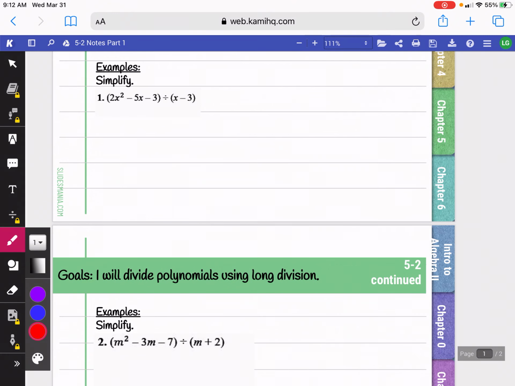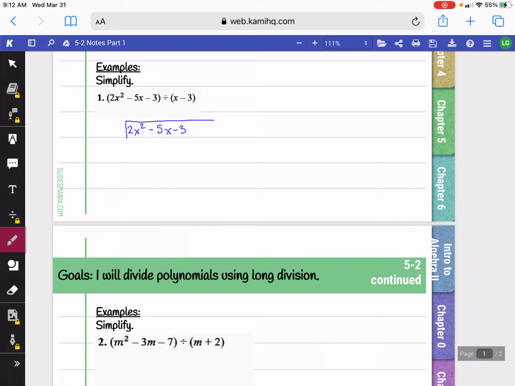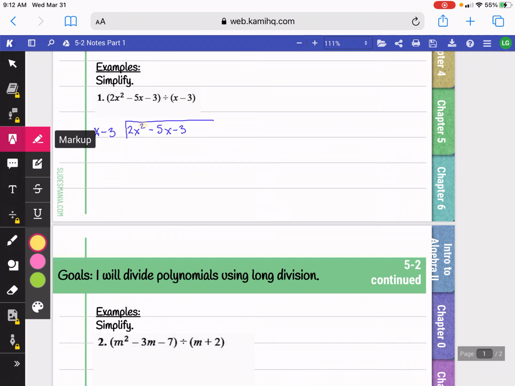Here on this next problem, we're going to divide 2x squared minus 5x minus 3 by x minus 3. When you do this, you start by dividing your first term.